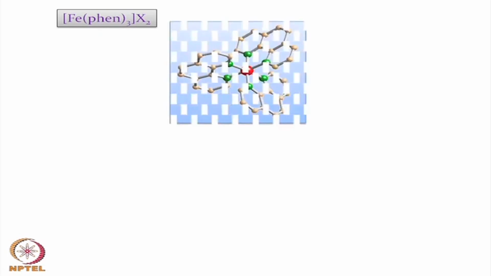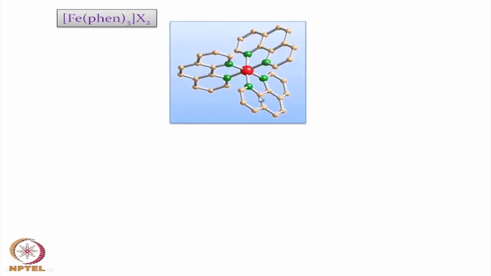So, we simply take the tris phenanthroline compound. It is a very useful compound, and we will find it in optical spectroscopy also. So, when 3 phenanthroline ligands are attached to the iron site in the ferrous state, we get a compound like this. We have the octahedral center, nicely providing the corresponding tris chelate, and it is in the ferrous state.